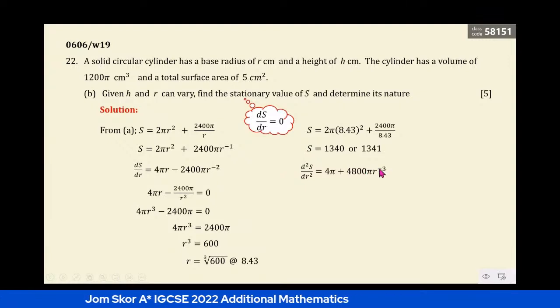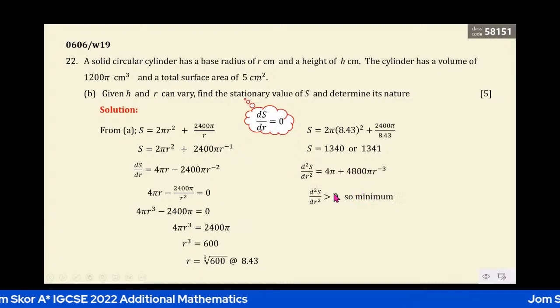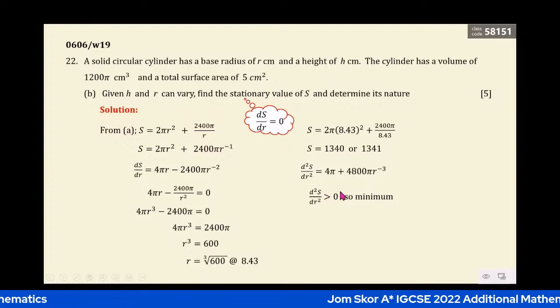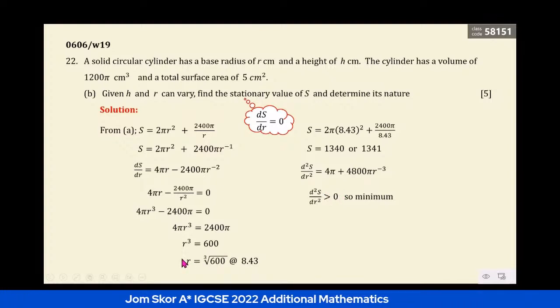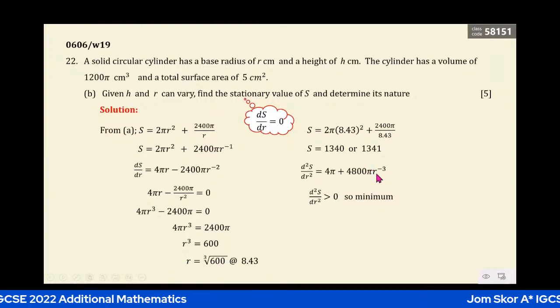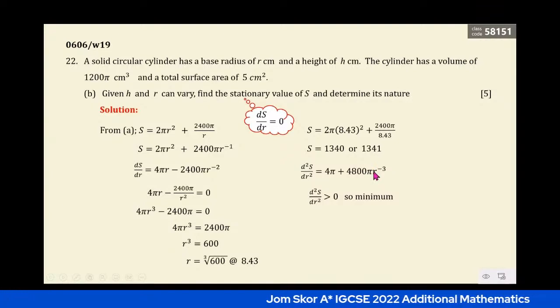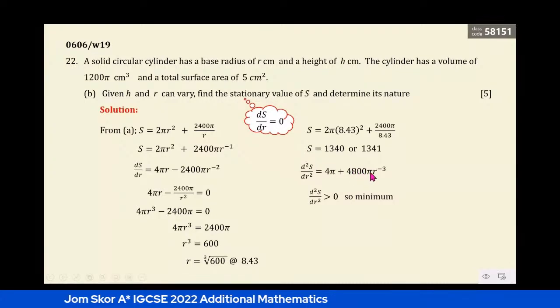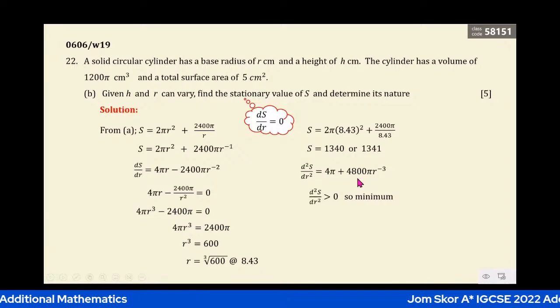Okay. Then, kenapa teacher tulis kat sini d square S dr square greater than 0? Because r is a radius of a cylinder. So r is always positive. Okay. So R bila dia positif dekat sini, so 4 pi plus dengan 4800 pi over R cube, you will always get the positive value.